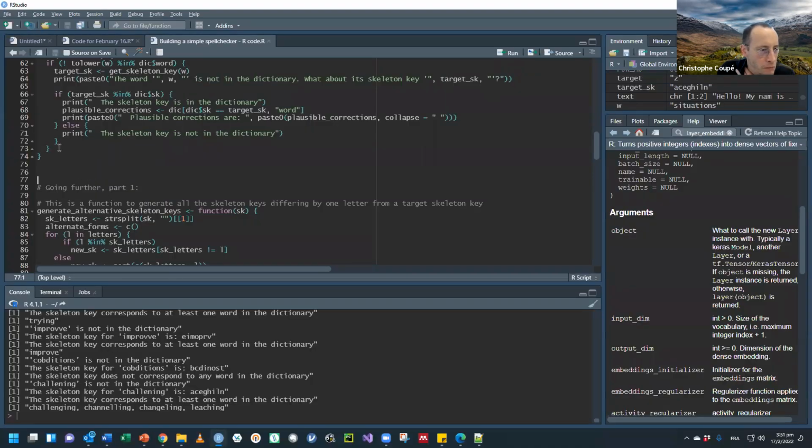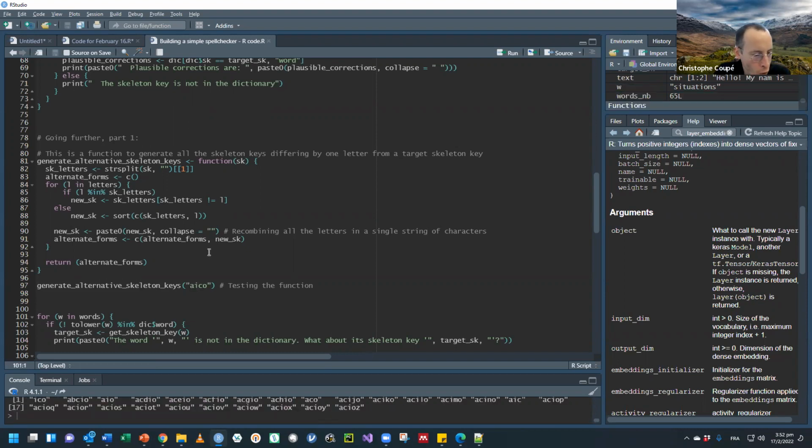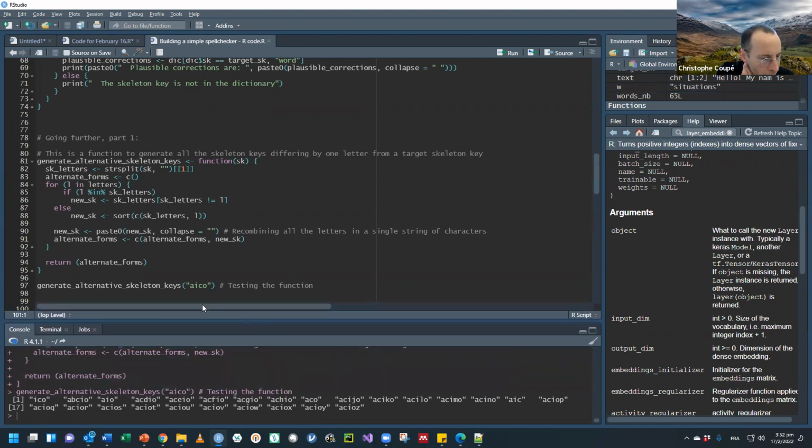So here in part 1, if you take time and try by yourself, you will find that I have created a function to generate all the alternative skeleton keys for a given skeleton key. What I mean by that is what I told you in the course. If you take the skeleton key AICO, you could try to check all the skeleton keys with one difference only.